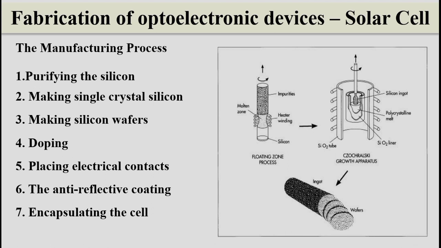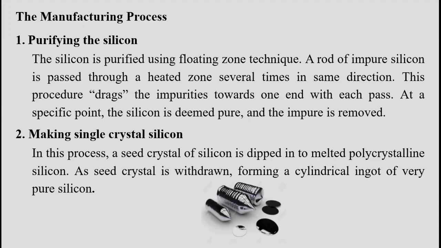Let us discuss in detail the first process, purifying the silicon. For use in solar cells as well as other semiconductor devices, silicon must be of much higher purity than metallurgical grade silicon. The standard process for purifying it is known as the Siemens process.